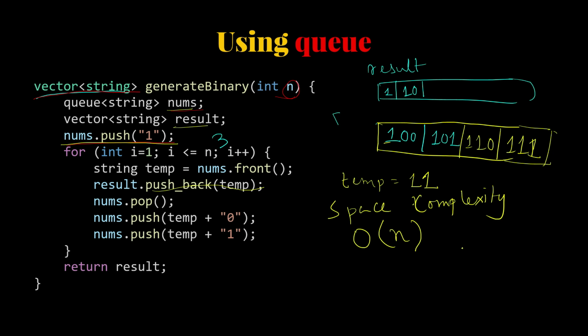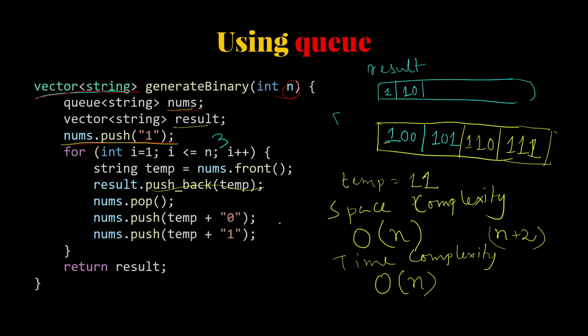So the queue can be at most n plus 2 elements, which is order of n. And what is the time complexity? We are running this loop from i equal to 1 to n, so the time complexity is order of n. Can we do better?